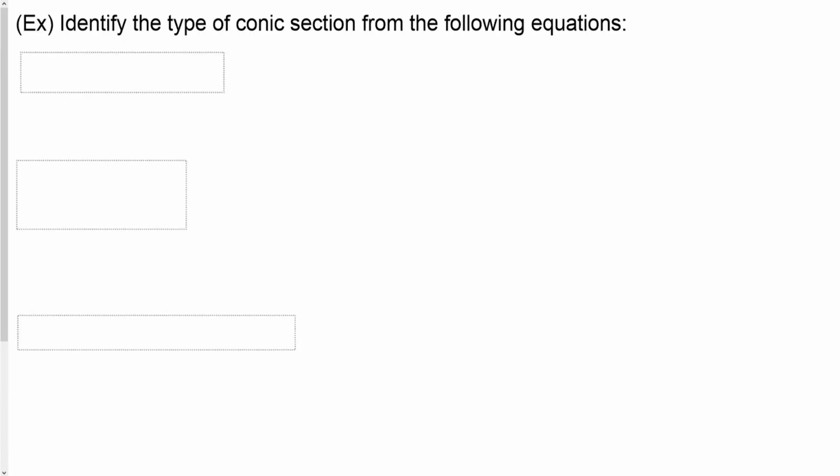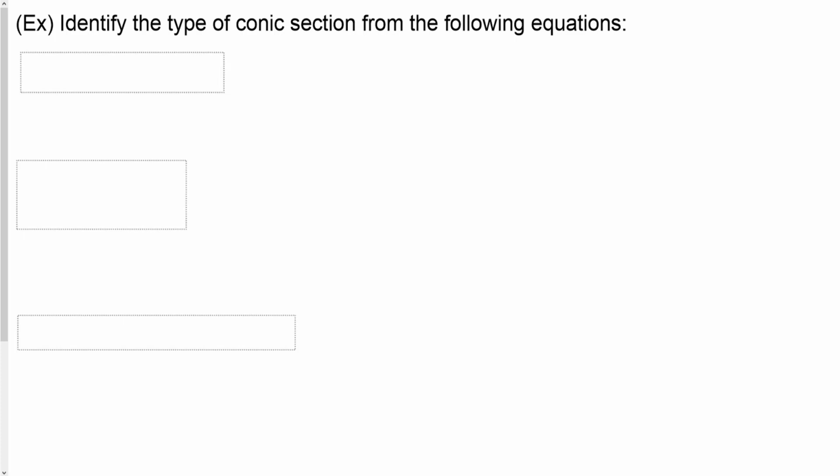So given a set of conic sections in general, you want to have a good solid foundation in identifying what type of conic section you would be working with. And after that, use the methods that you've learned in the previous lessons to identify all the different important parts of each conic and ultimately graph them.